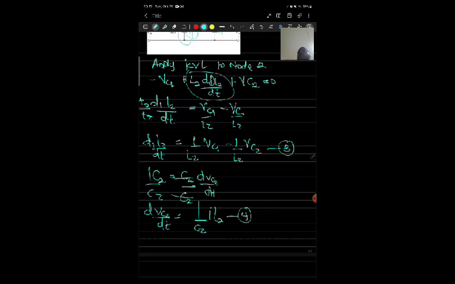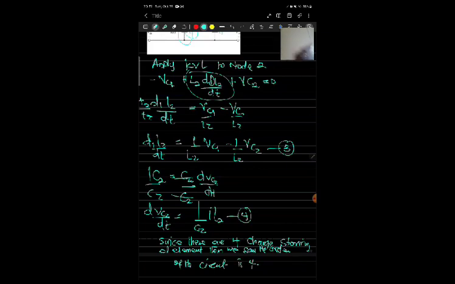So since there are 4 charge storing elements, then we say the order of the circuit is 4. So that's all for the second question.